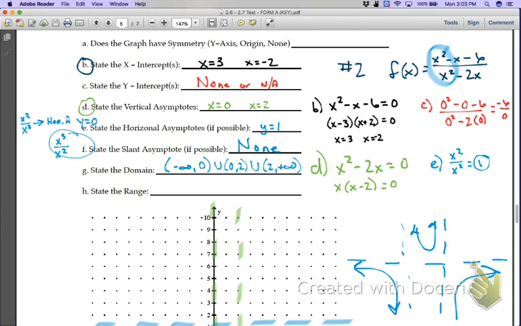I can't scroll up because then I'll lose everything that I have there. The range is all your y values. In this case, your range goes from negative infinity to 1. And then if I remember right, it picks up like this, I think at 1/6.